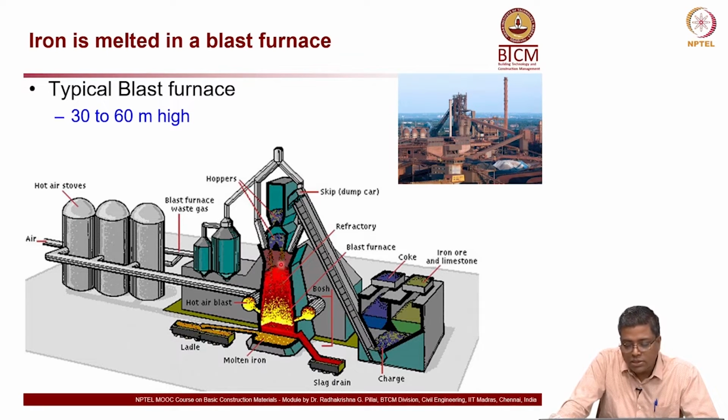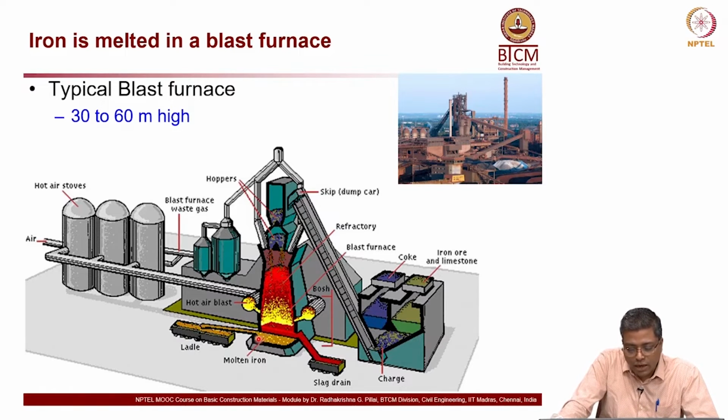These materials are stacked inside this furnace, and then you have a hot air blast. That is why it is called a blast furnace. Hot air is blasted from the bottom, and the material inside the furnace gets heated up, then reacts and starts melting.